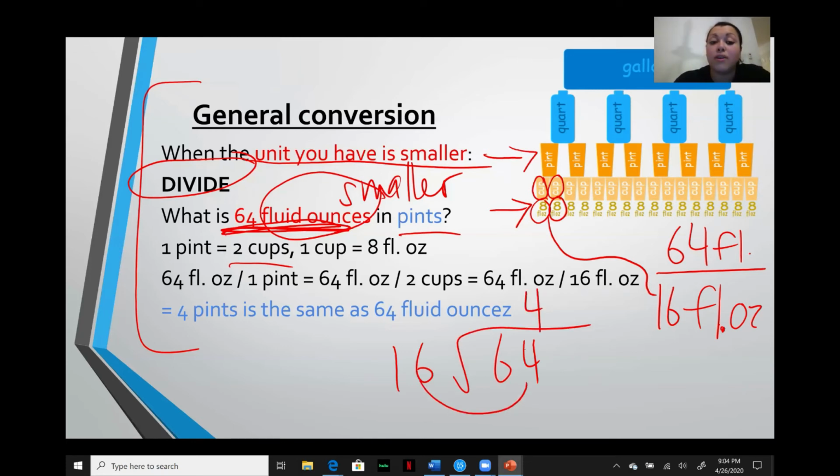And that makes sense. If we have 64 fluid ounces, we have 4 pints. If I look at my 4 pints, that means that I have from here to here, that means 8, 8, another 8. I have 1, 2, 3, 4, 5, 6, 7, 8 cups, or 64 fluid ounces.